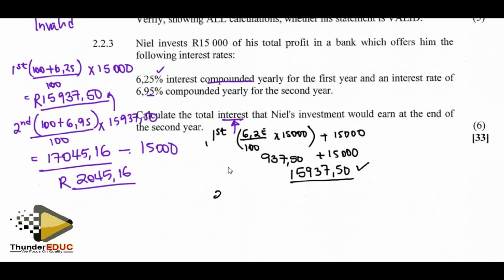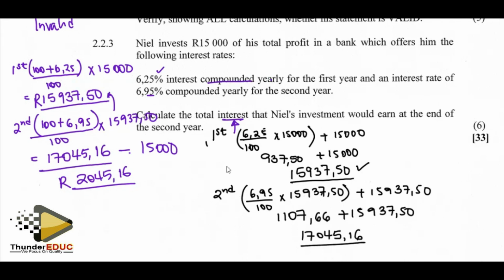Then second year, the person now takes 6.95 over 100 times the money which was there in the first year plus. So we go on and we say, so this is the money for year one, year two.